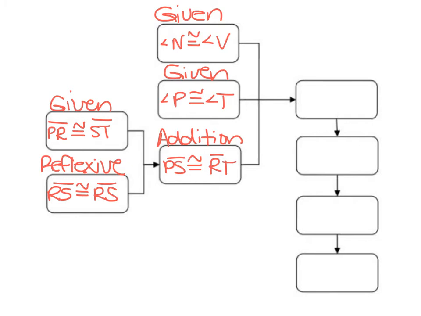So the first given that told us that segments PR and ST were congruent, if we added on segment RS to each of those segments, we would get that segment PS is congruent to segment RT, and that's by addition. And then, as we had already said, the two triangles, triangle PSN and triangle TRV, will be congruent by AAS.